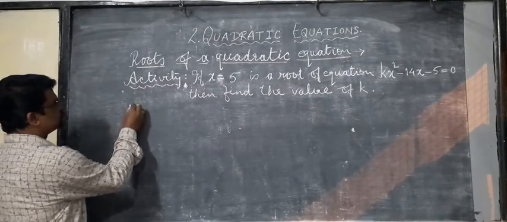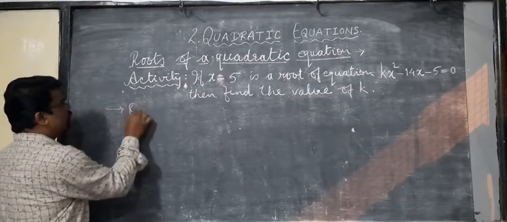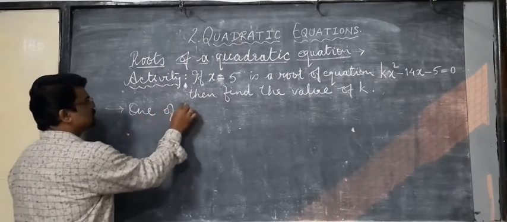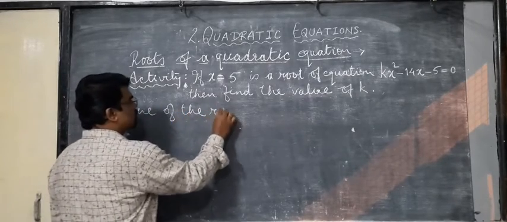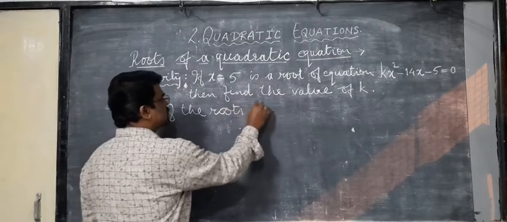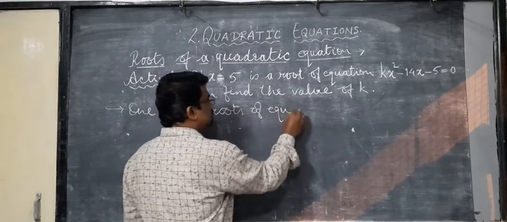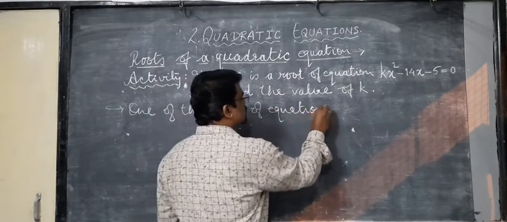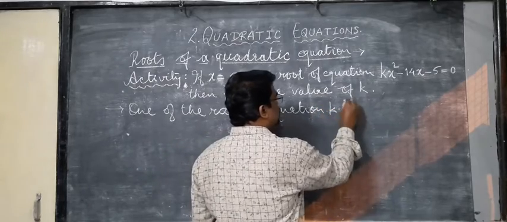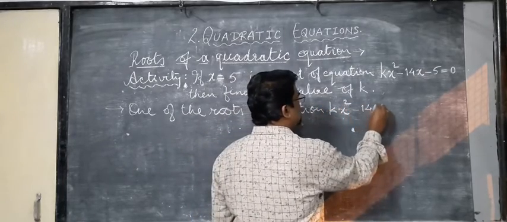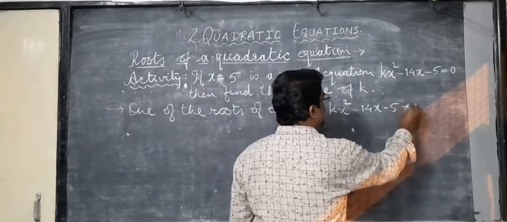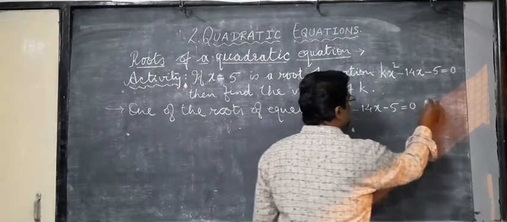Here, one of the roots of equation kx square minus 14x minus 5 is equal to 0 is 5.